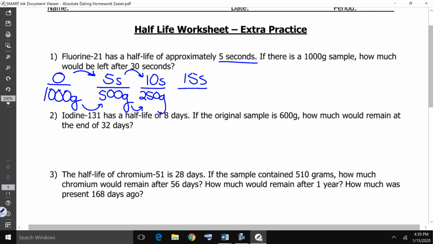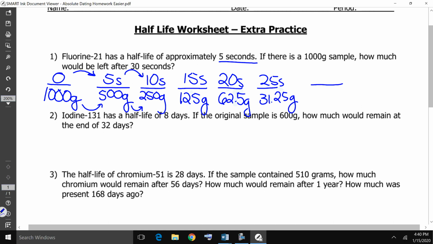So this bottom one is now at 125 grams. And then we keep going until we get to the correct answer. 25 seconds is 31.25 grams.